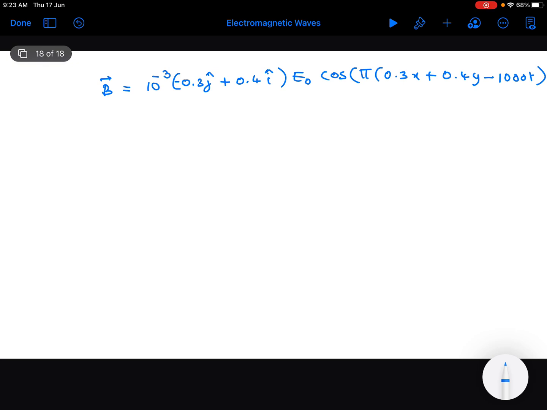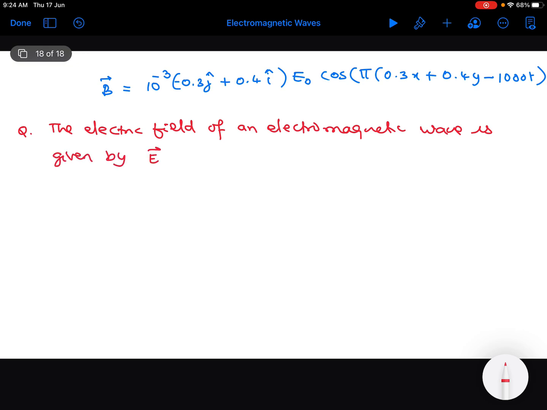One more question we do and then we stop here. Suppose the electric field of an electromagnetic wave is given by E bar is equal to (2k cap minus 3j cap) 10 power minus 3 sine of 10 to the power of 7 (x plus 2y plus 3z) minus beta t.